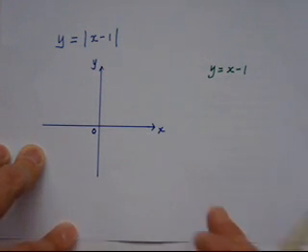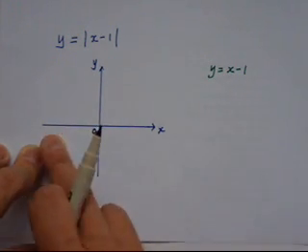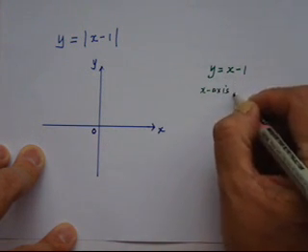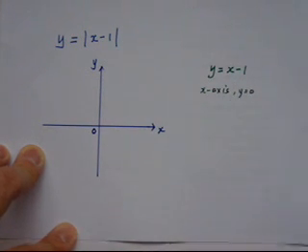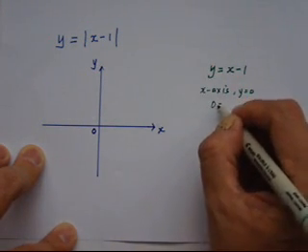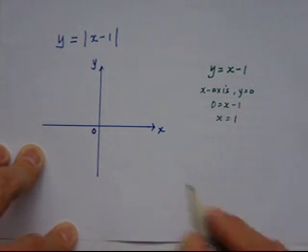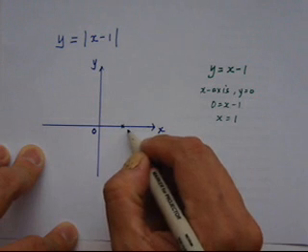So the intersection with the x-axis is when y is 0. When y is 0, x equals 1. We have a point here.